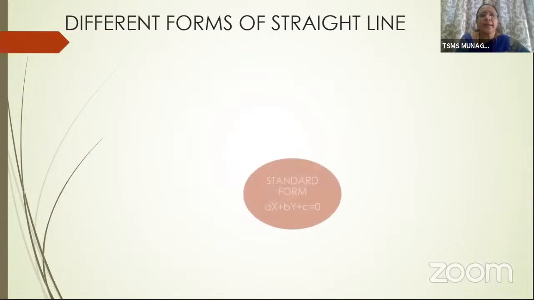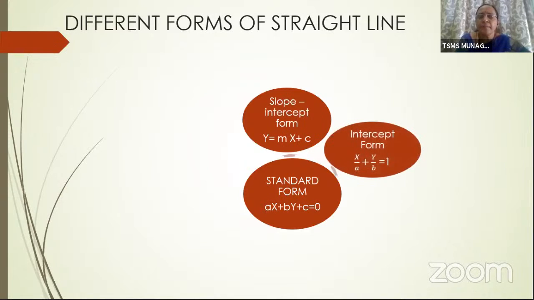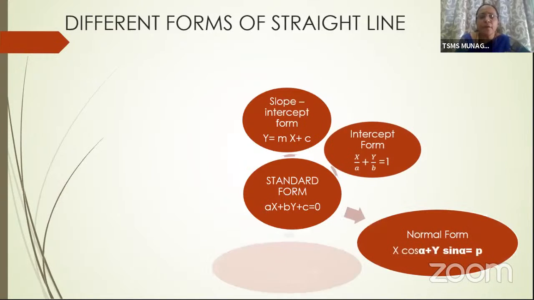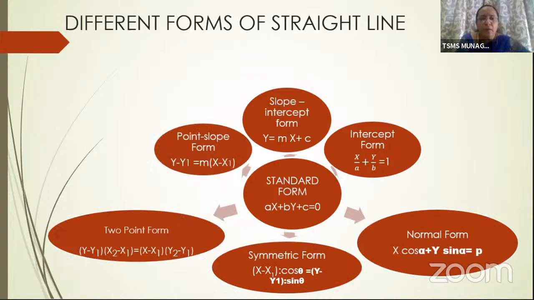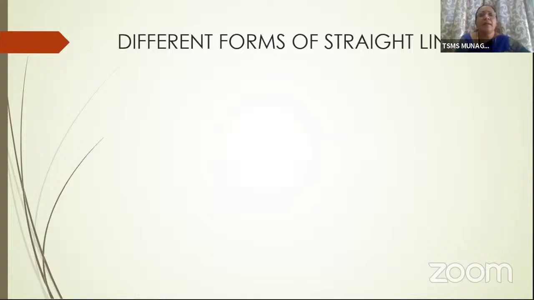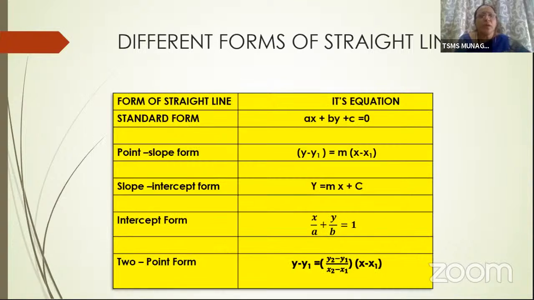We have also seen the different forms of straight lines in our previous class: the standard form, slope intercept form, normal form, symmetric form, two-point form, and point slope form. All these forms we have seen in detail, along with their derivations. The standard form is ax plus by plus c equal to 0, and the point slope form is y minus y1 is equal to m into x minus x1. The slope intercept form is y equal to mx plus c.